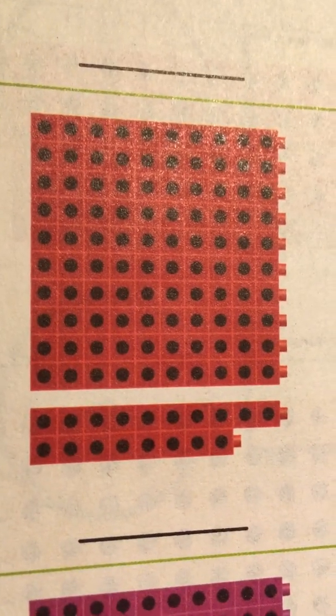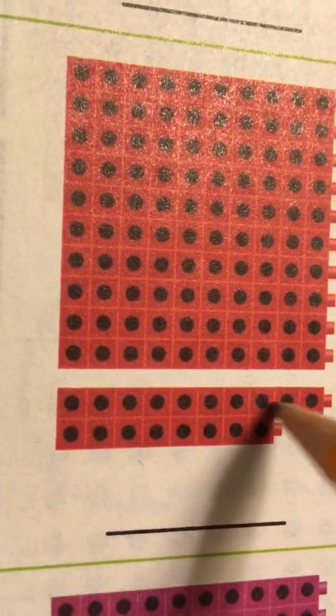Okay, so let's draw that on our paper. So we have to draw our 100 block, which is a square. And how many tens, how many groups of 10 do we have? We have one group of 10. So there's our group of 10. And remember, we represent the tens with a stick or a line. There's our tens.